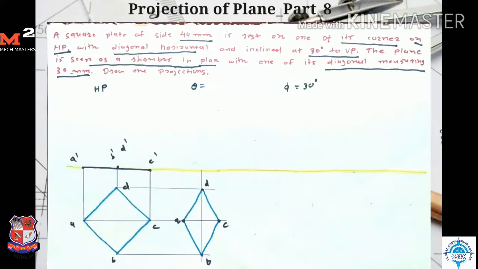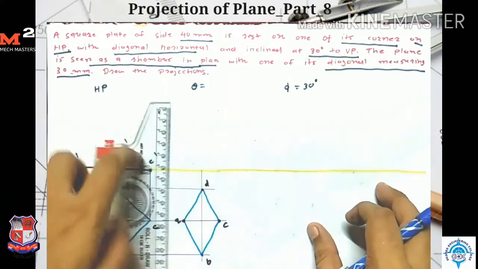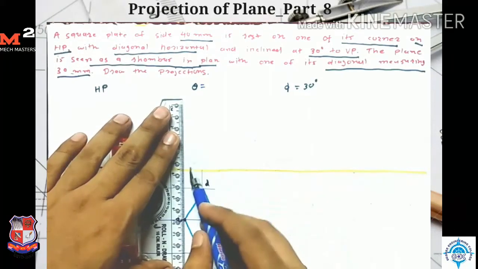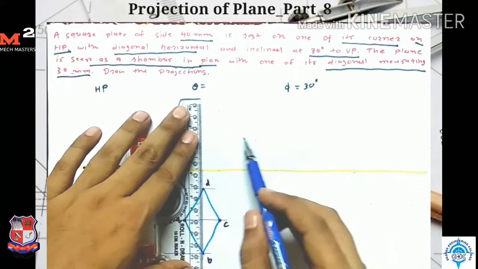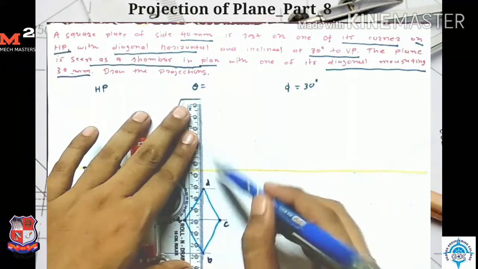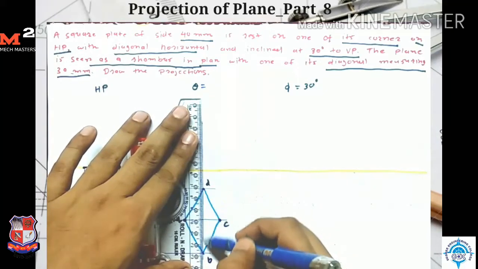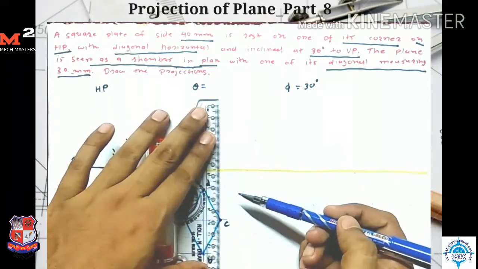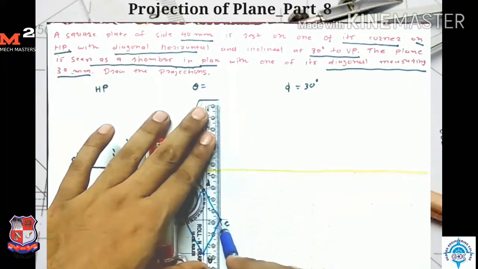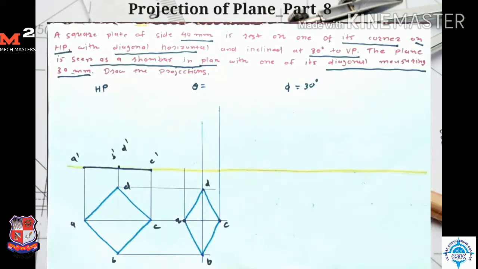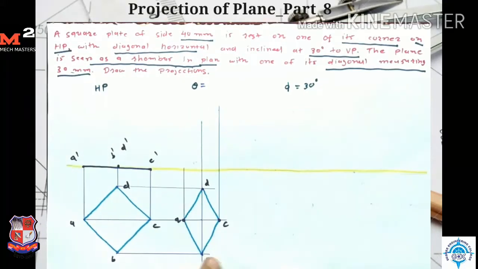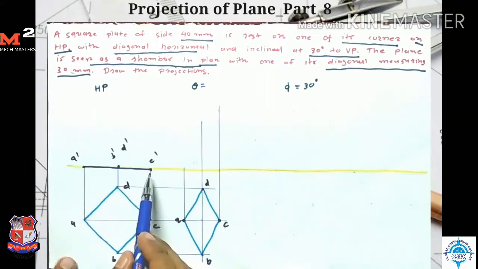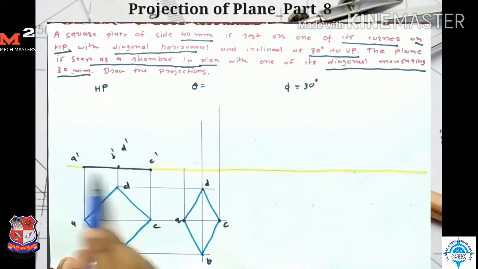Now for getting the front view, I take the projection for point A. Now for getting the point C, I have two conditions. We get the point C on this projection line, and second, the distance of point C from A is equal to A dash C dash, this distance.